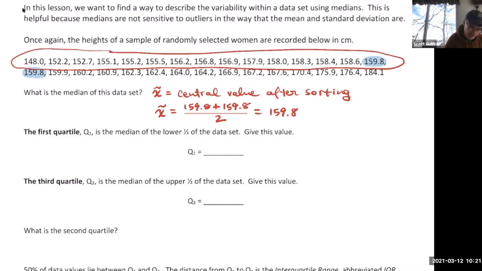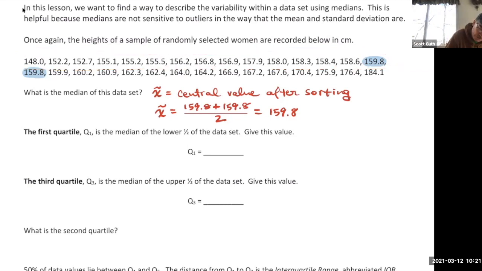I think there's 15 values here: 1, 2, 3, 4, 5, 6, 7, 8, 9, 10, 11, 12, 13, 14, 15. If you pick the 8th value, it would have 7 below and 7 above. That's 15 altogether. So we just have to pick out that 8th value. 1, 2, 3, 4, 5, 6, 7, 8. I think it's this one.